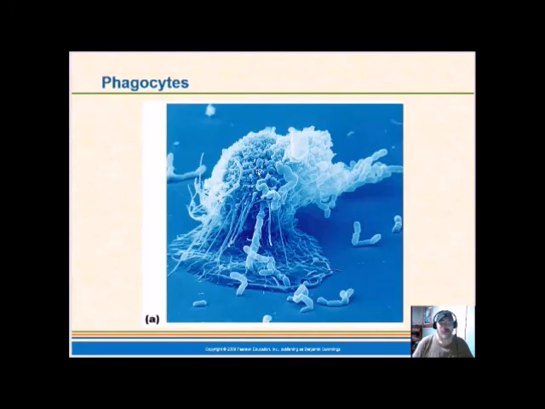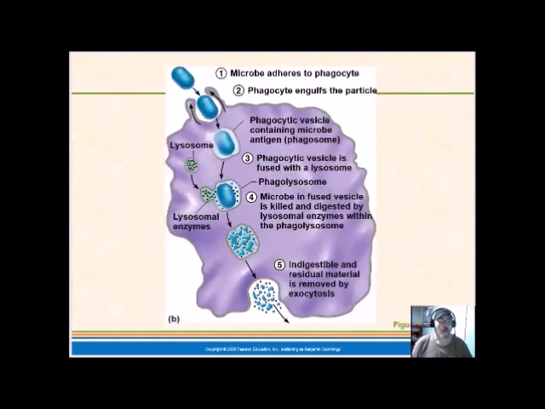Here's an example of a phagocyte, and you can see a phagocyte is a white blood cell. These little things around here are bacteria, and the phagocyte goes in and actually engulfs the bacteria. The process is that it will adhere to the phagocyte. The phagocyte brings it in, and you can see this is the vesicle that we're talking about.